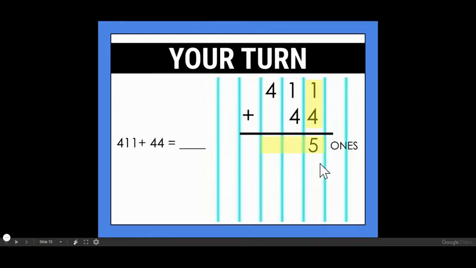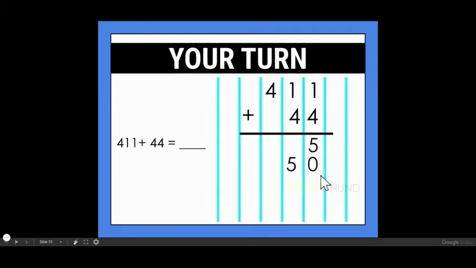All right, let's move on to our tens. I have a 1 in my tens, and I have a 4 in my tens. So if I add my 1 ten plus my 4 tens, I get 5 tens. How many would that be on here? Did you write 50?